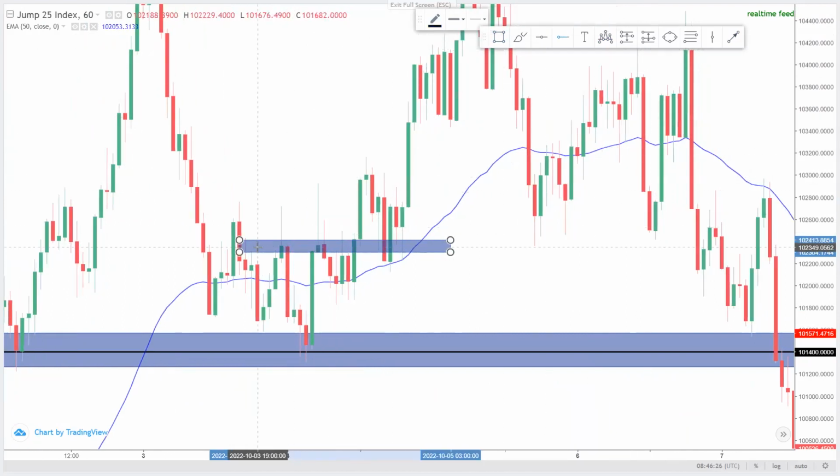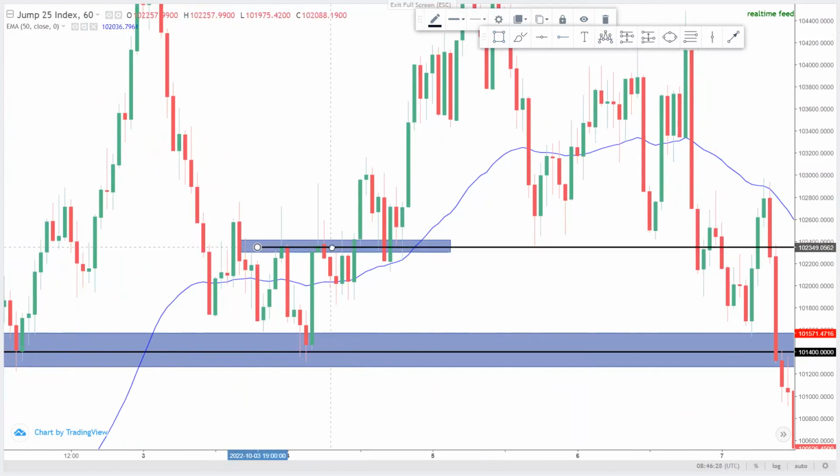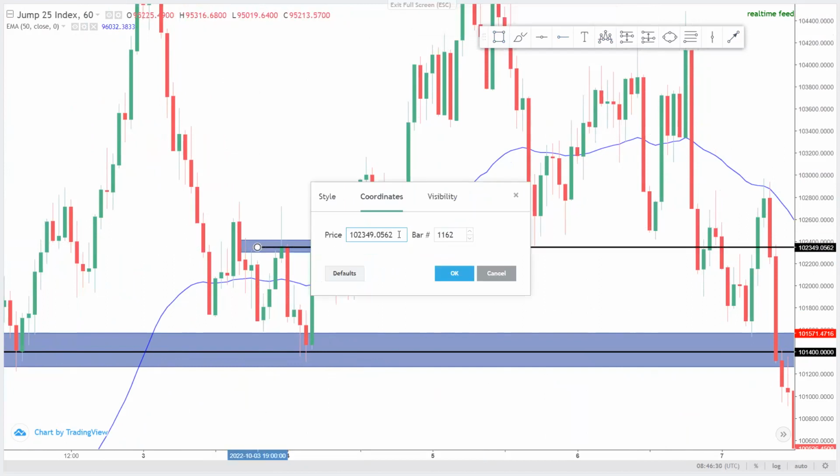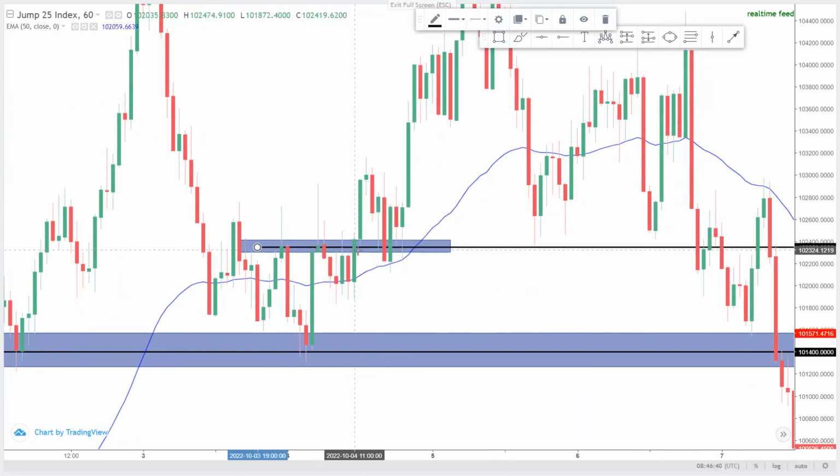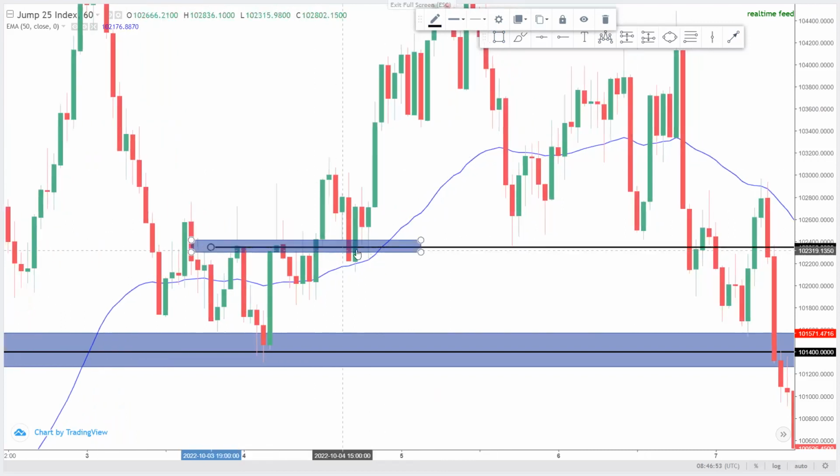There was a psychological level, 1.2350. And not only did we break above the previous resistance, it is now turned into a new support. The retest of the previously broken resistance turned new support.